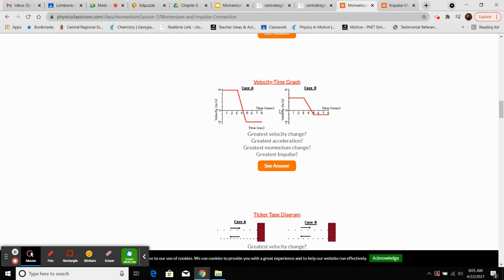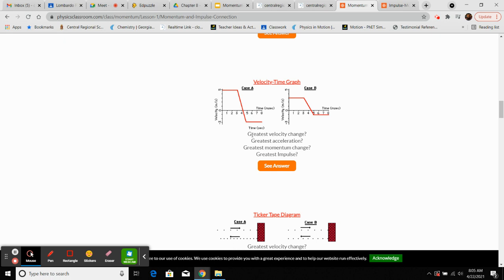In this velocity time graph, case A and case B, which one undergoes the greater change in velocity? Well, this is up here at +5 meters per second, and it comes down to -3. Over here, we're at 3, and we go down to -1. Who has the greater change in velocity?